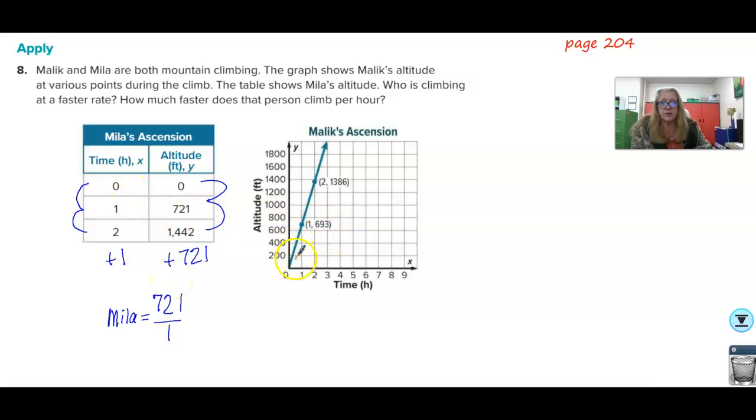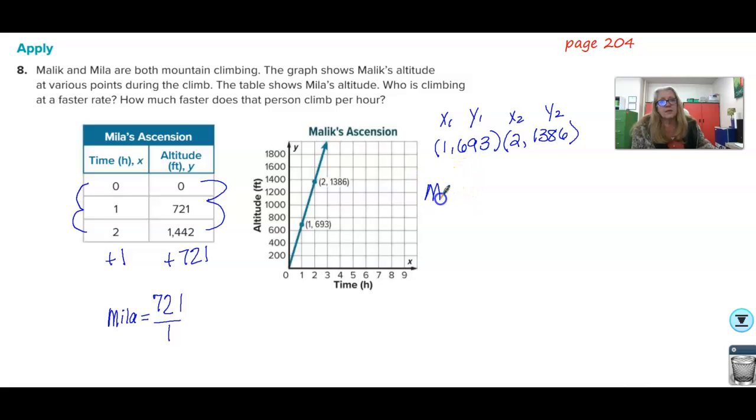Now, what's Malik doing? Well, here, after 1 hour, they've given us 2 points. They want you to use the slope formula here. 1, 693, and 2, 1386. So use the slope formula. First x, first y, second x, second y.